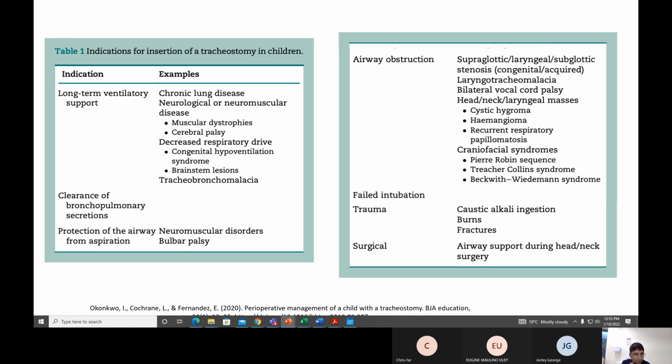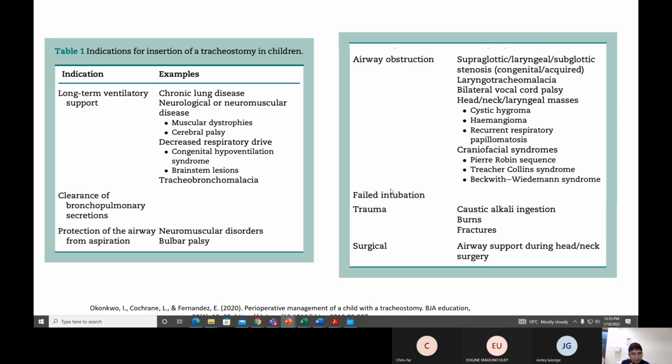In this case, for airway protection and prevention of aspiration, sometimes we do tracheostomy. Many times, with time, if there is neurological recovery, they may be able to be decannulated later on.